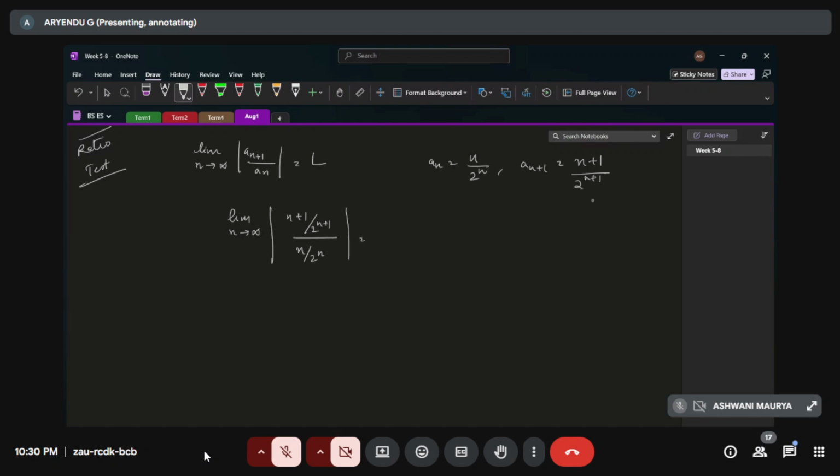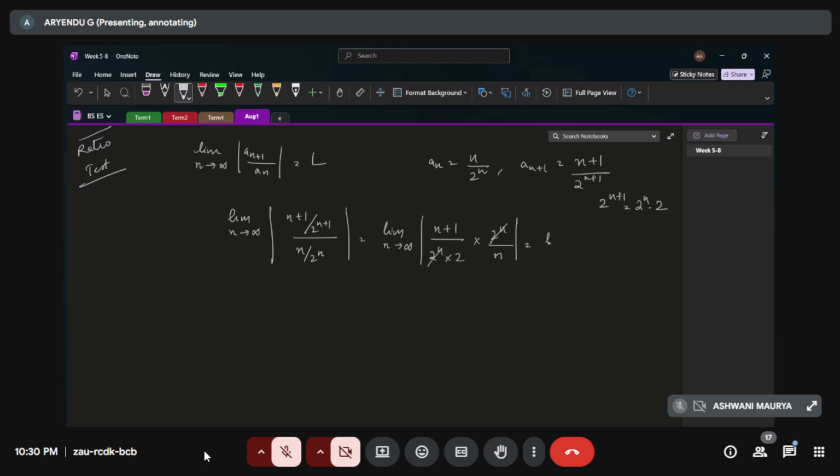We can represent 2 raised to n plus 1 as 2 raised to n into 2. So if we do that, we get the limit as n tends to infinity of n plus 1 by 2 raised to n into 2 into 2 raised to n by n. This is what we get.